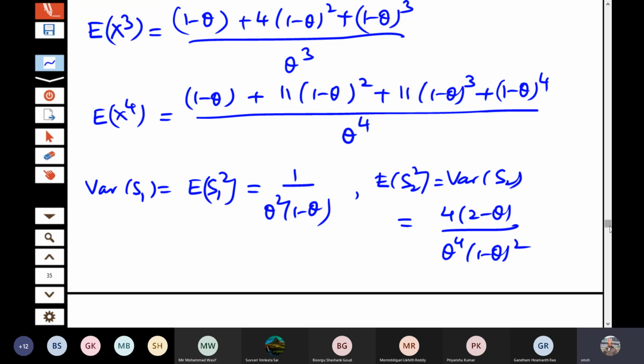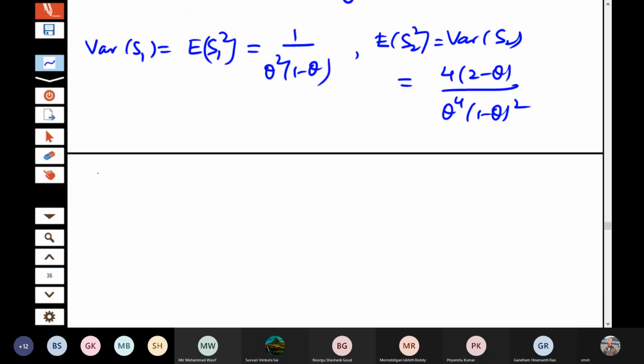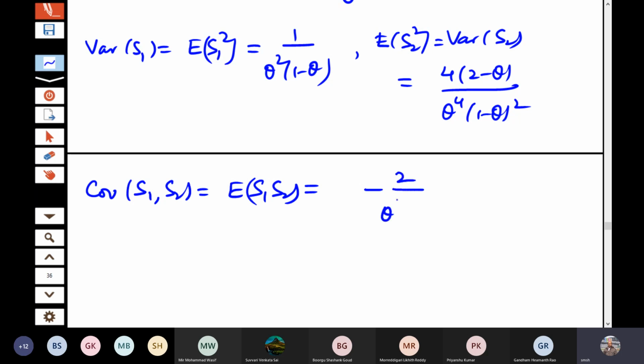Also you will need the covariance term here, that is covariance between S1 and S2, expectation of S1 S2, that is equal to minus 2 by theta cube (1 minus theta).